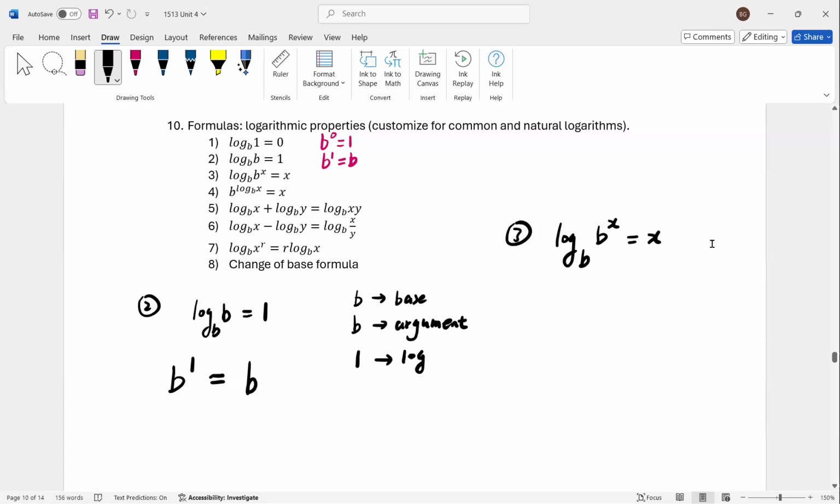It should still contain the 3 parts. So let's identify the 3 parts. The important thing is the argument is not just one single variable or number. The argument in this case itself is an exponential expression. I highlighted in yellow. So the yellow part as a whole is the argument of this expression. Okay, so b is the base.